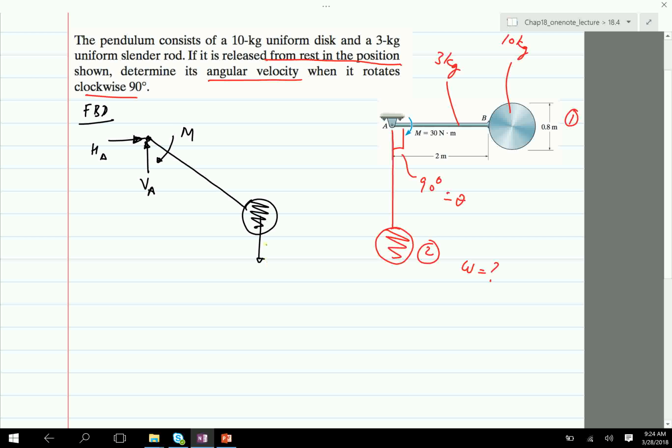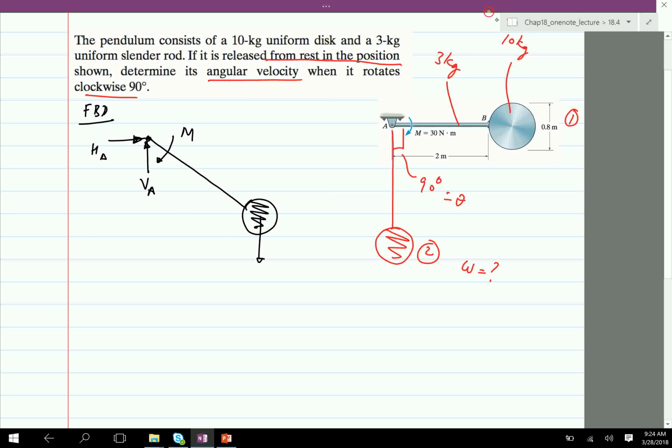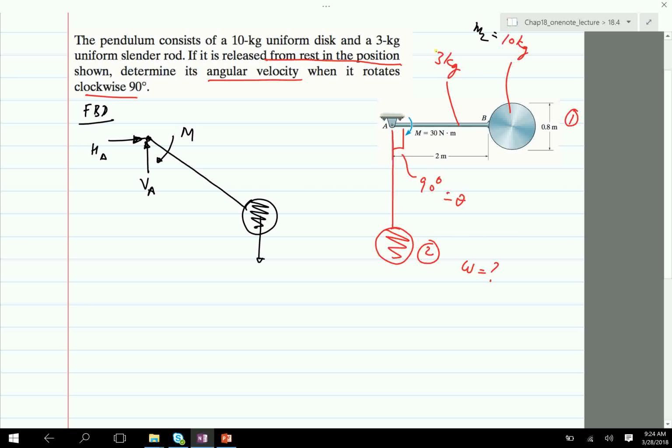There is m, let's call this m2. So this is m2 and this is m1. Okay, so this is m2g, m1g is going to be somewhere here, and of course this angle is theta.